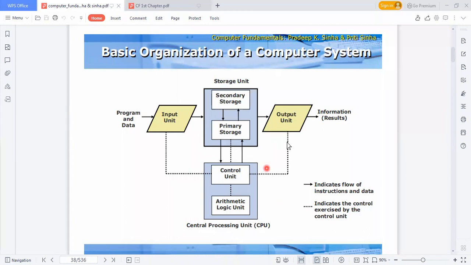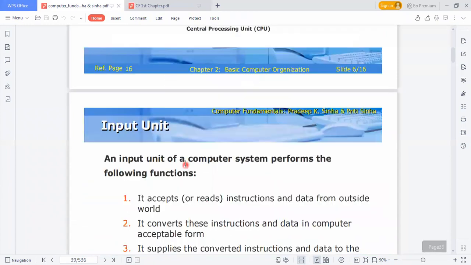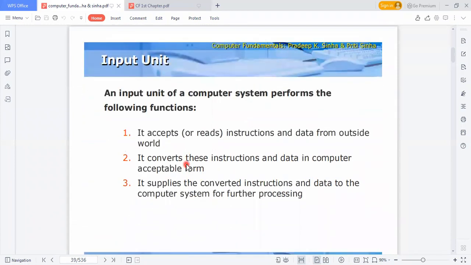This is the control unit's symbol, remember it. So this is the basic organization of a computer system with a block diagram. Now you must know the input unit. An input unit of a computer system performs the following functions.